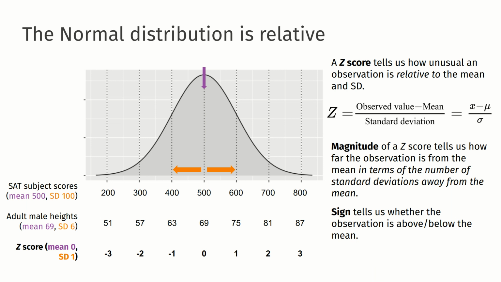Similarly, if you're an adult male and you're 78 inches tall, then your height would have a z-score of 1.5 because you are 1.5 standard deviations above the mean height of 69 inches.